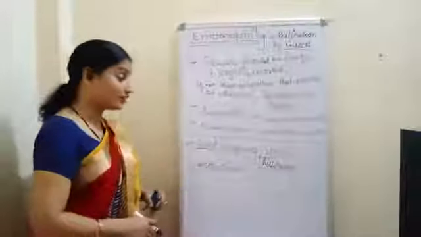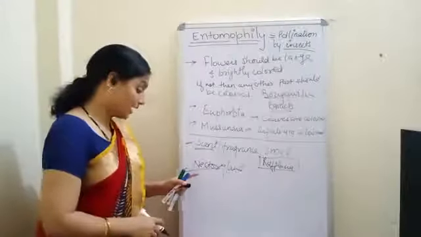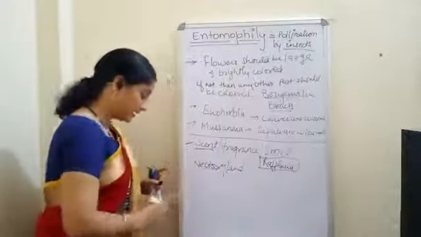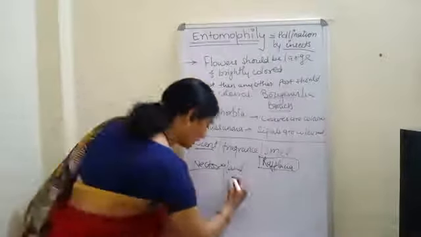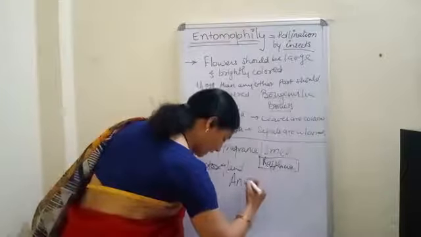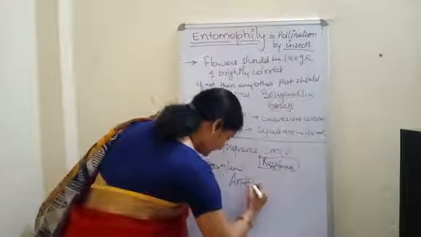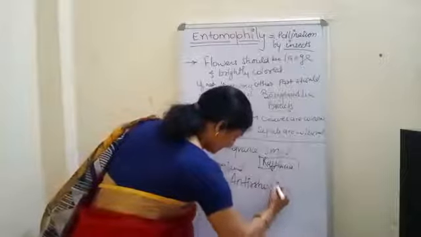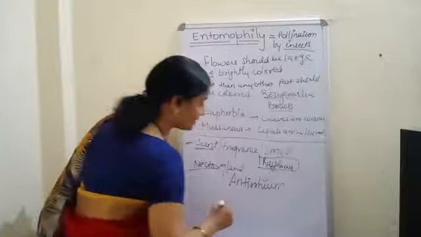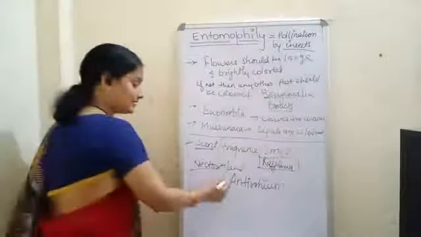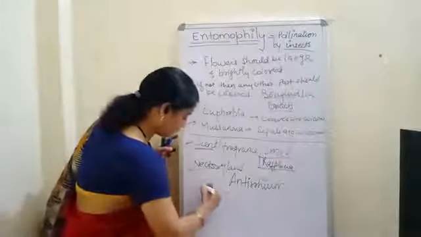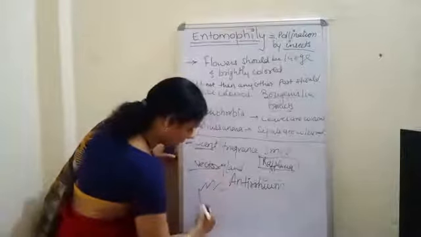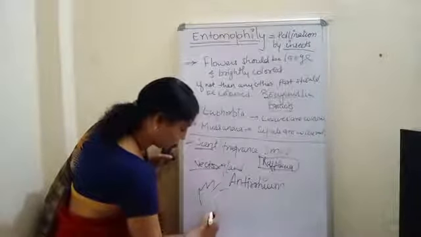It smells like a rotten egg, Rafflesia. After that, nectars are there. With the help of the nectar gland, the example of nectar gland is Antirrhinum, A-N-T-I-R-R-H-I-N-U-M. It consists of the nectar gland, and this nectar gland helps in the process of pollination.